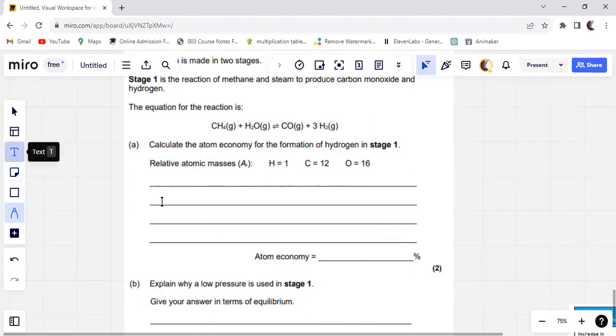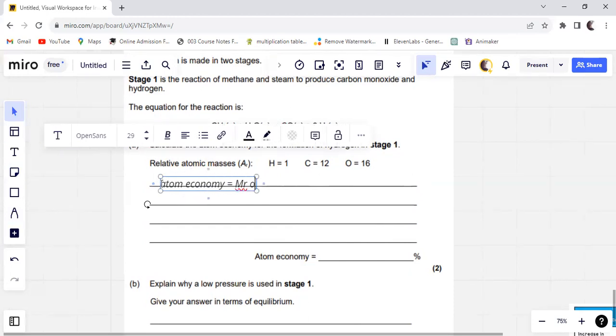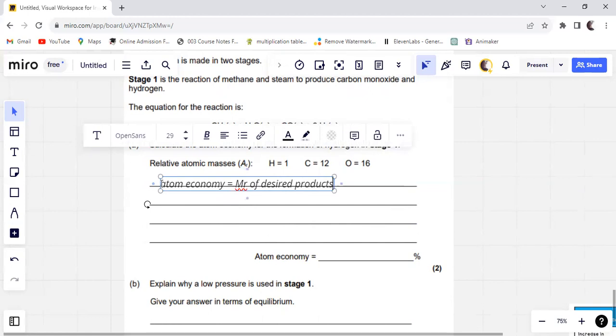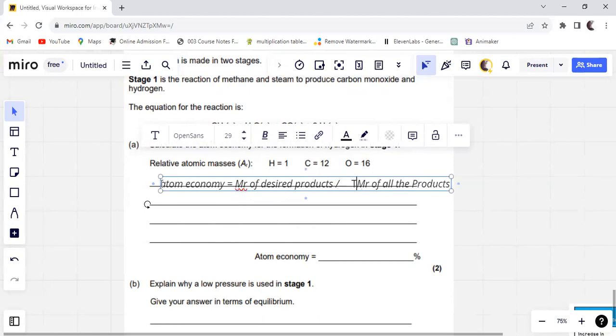So let's see, atom economy equals the MR of desired products over the total MR of all the products.